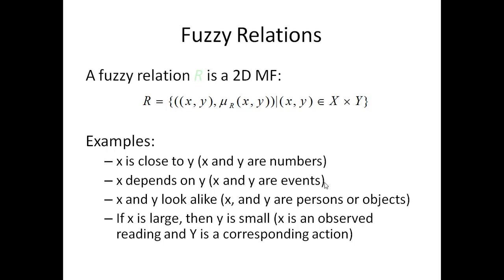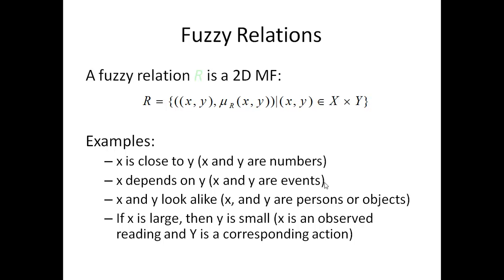As you are all acquainted with the relations in two dimensions, we are finding all possible ordered pairs to find the relation R. Similarly, a fuzzy relation R in a 2D membership function is given by R is the set of all ordered pairs xy with its membership functional values mu R of xy under the relation R, where xy is an ordered pair which is an element of X cross Y.